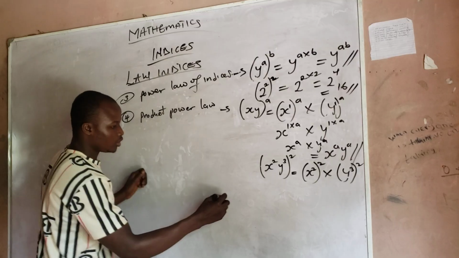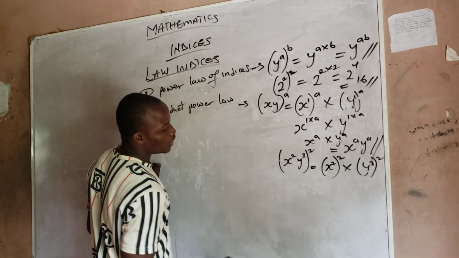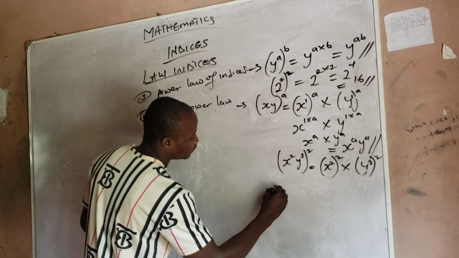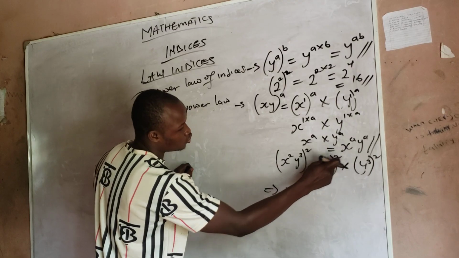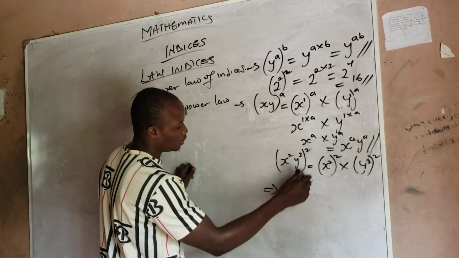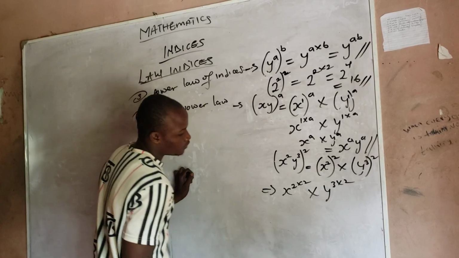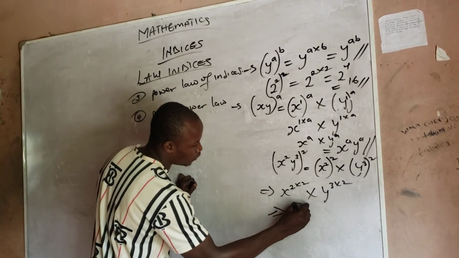Now, as I have split it, what are you going to do? Apply the power law. You have x raised to the power 2 times 2, the inner power times the outer power, times y raised to the power 3 times 2. So x raised to the power of 2 times 2 is what? 4.